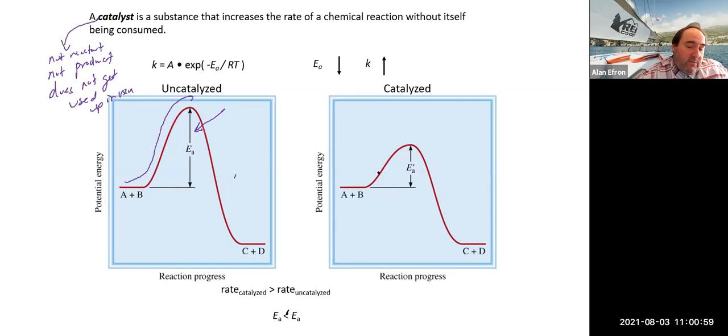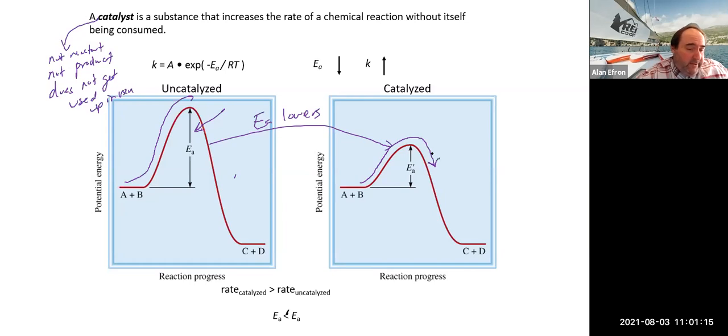And what that ends up doing is, instead of in the uncatalyzed reaction having this big hill to climb, when we do the same reaction where we add a catalyst, we see that the activation energy lowers, which means the hill is much smaller, which means more guys could get to the other side faster.